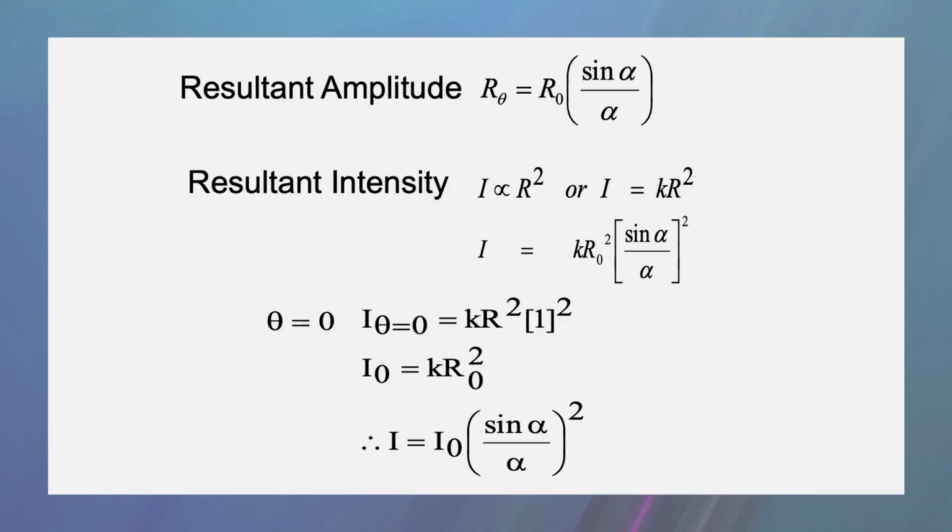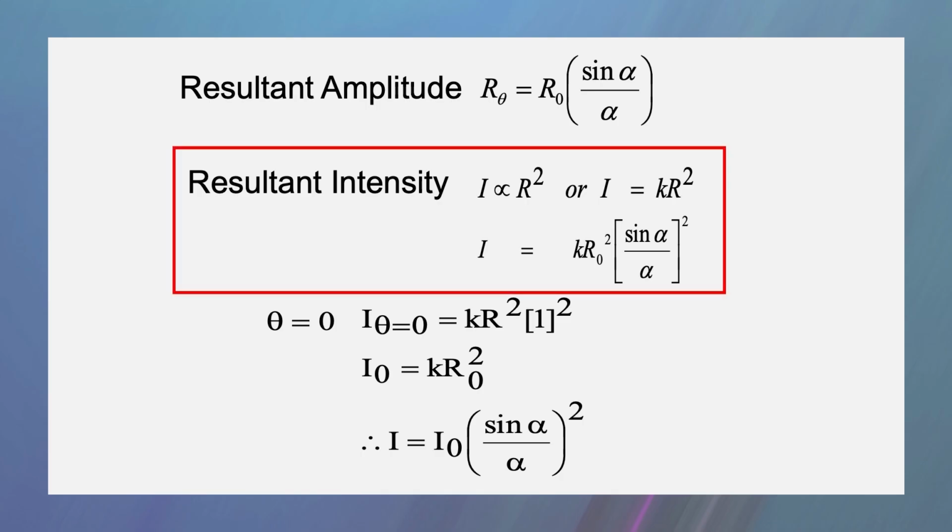Now we are very familiar that the intensity is directly proportional to the square of the amplitude. So the intensity I is directly proportional to the square of the amplitude r square, and I can be simply written as a constant into r square. So I have this formula for the intensity as k into r0 square into sin alpha by alpha all square.